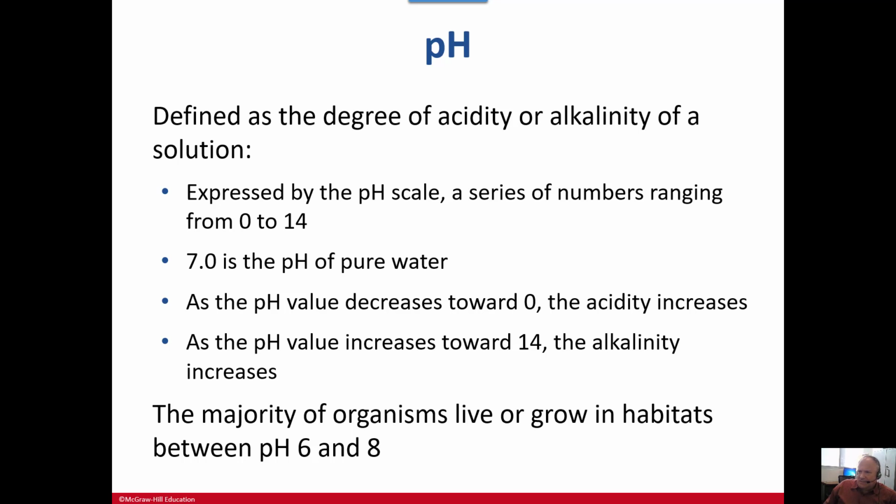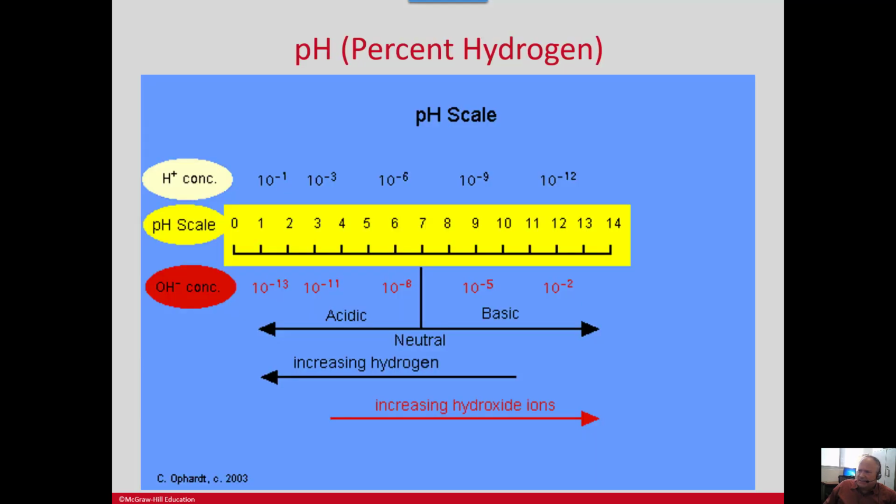So if you just remember, pH is percent hydrogen. As we see here, percent hydrogen is really just the amount. If we consider an acid, we consider the concentration of the hydrogen, or the positive proton, to be at 100% at 0, where the OH, the other portion of the water molecule, is 0%.